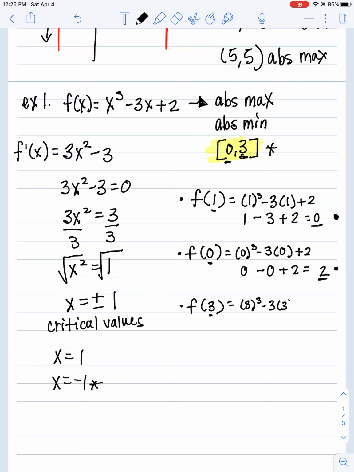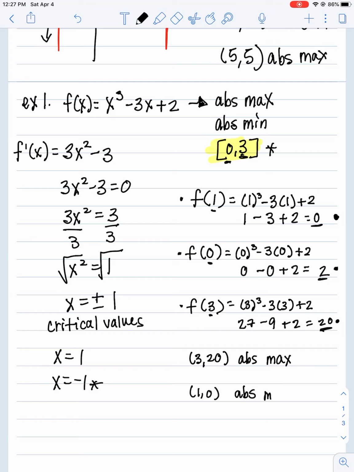So we have to plug in 3. So it'll be 3 cubed minus 3 times 3 plus 2. So that's 27 minus 9 plus 2. 27 minus 9 is 18, and 18 plus 2 is 20, I think. And so clearly, guys, 20 is the tallest value, which means that is my absolute maximum.